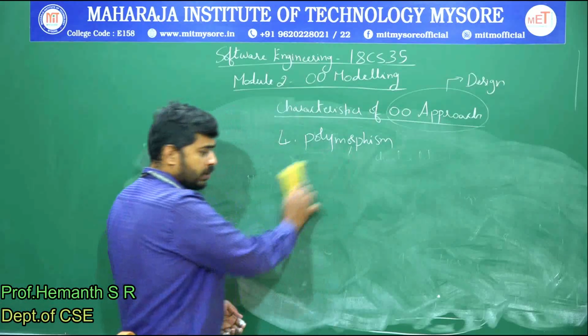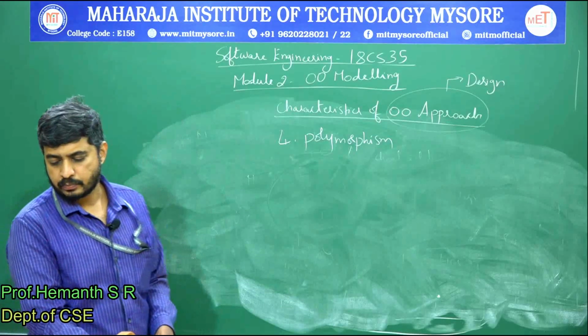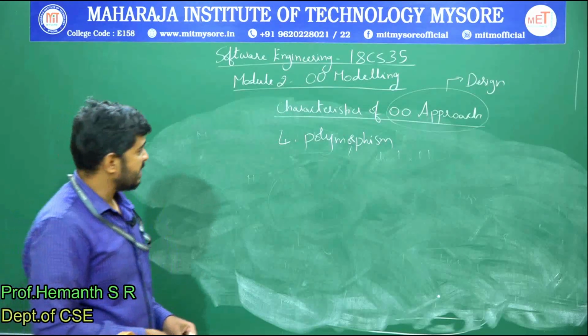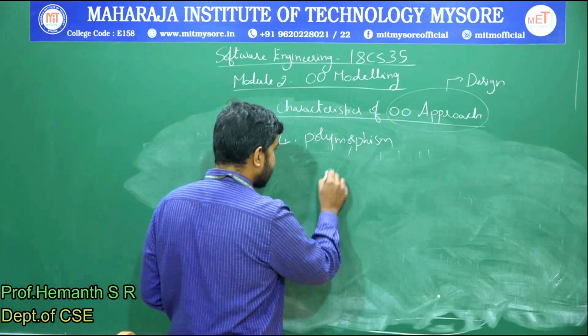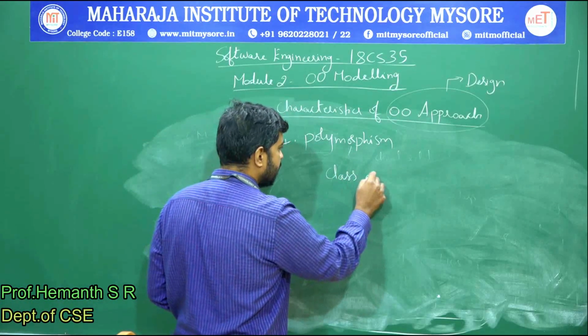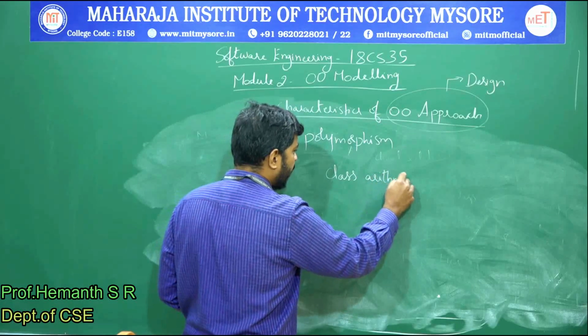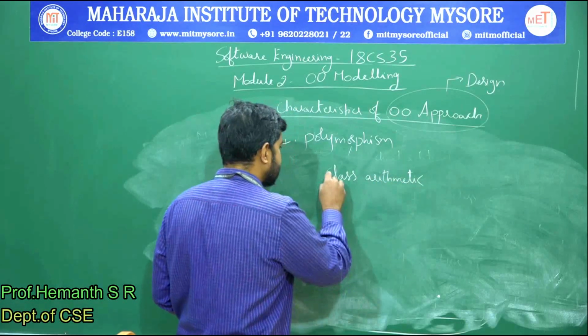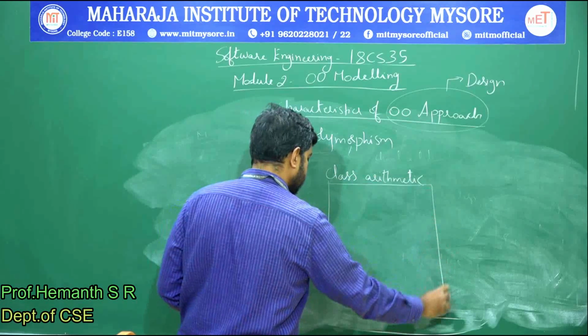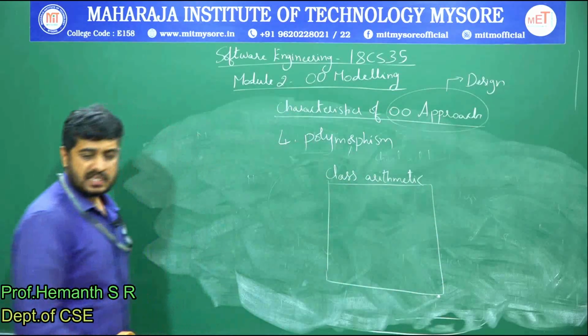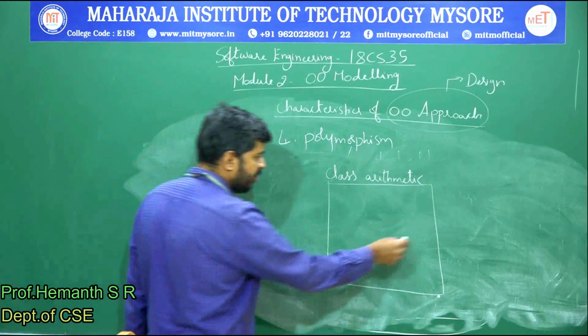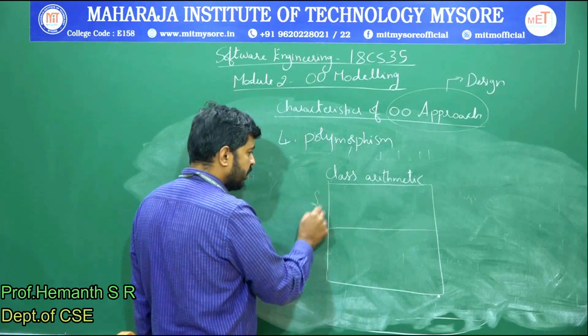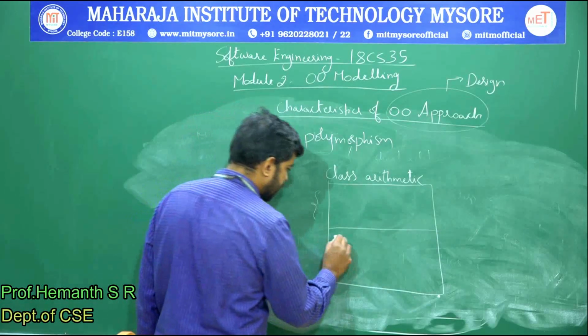Now I'll become specific to example. We'll see an example. For example, you consider there is a class by name class arithmetic. This is a class arithmetic. We will not focus on the attributes. We will just take a few operations. Let us add.